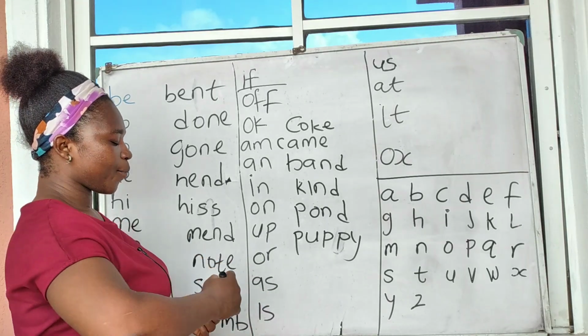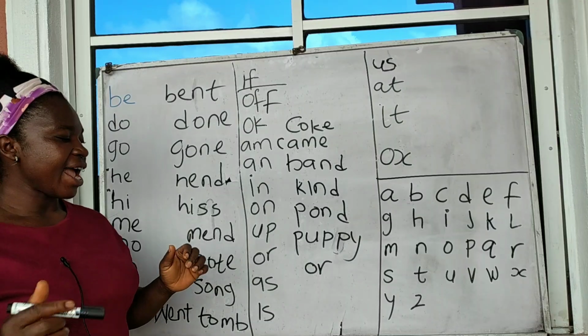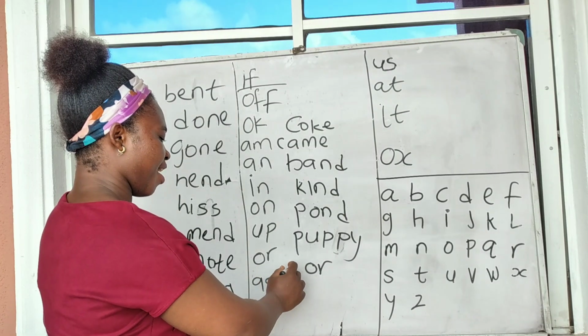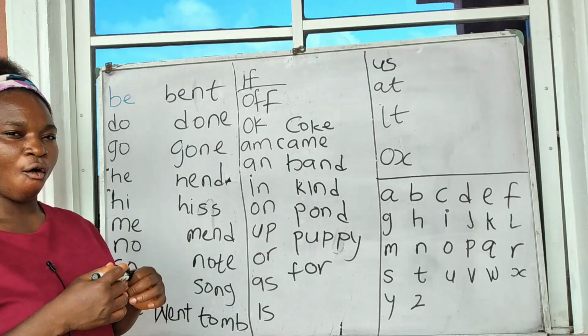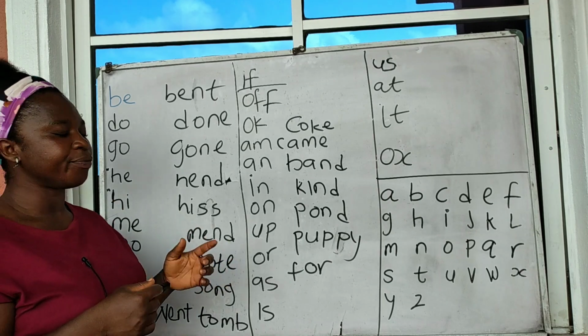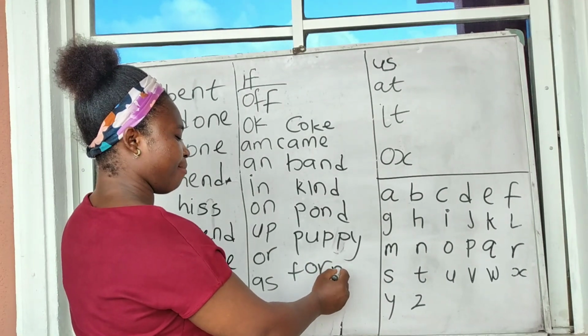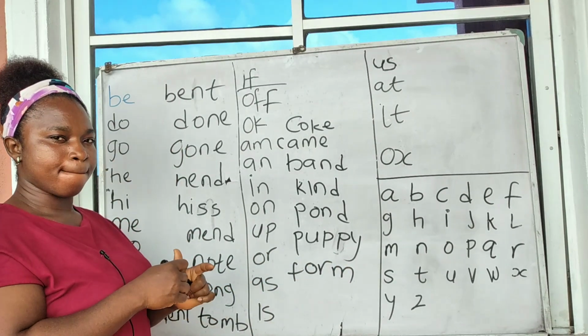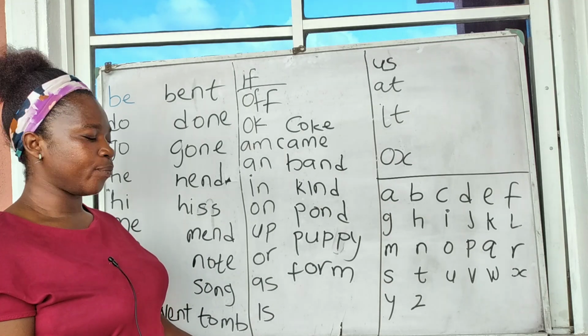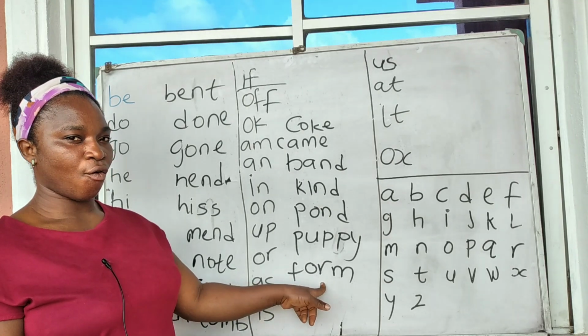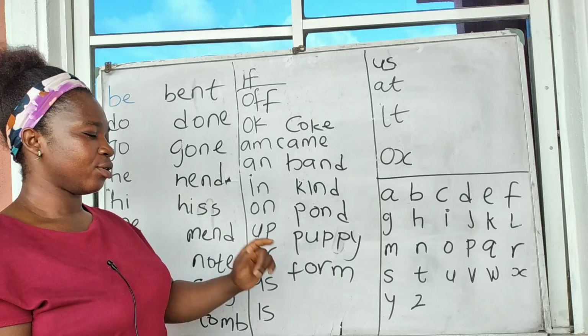Or, the O, this is OR. If I decide to have the letter F here, I'm going to have for. And if I add M, it's going to be form. This is F-O-R, for.